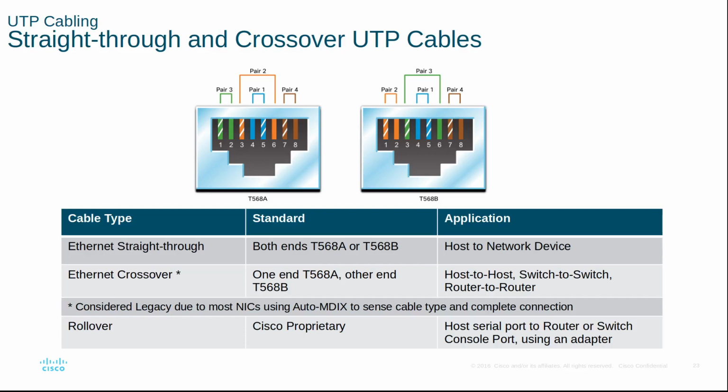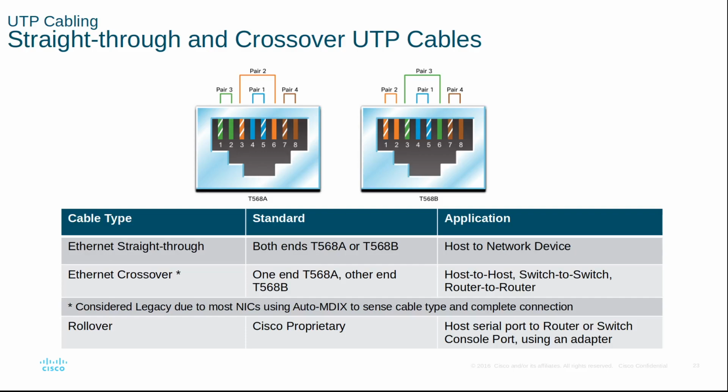We've been using rollover, and we've been using straight through cables too. With the straight through cable, both ends are connected the same way. So they're both wired to T568A or T568B, and they're used to connect hosts to networking equipment, and you can use it to connect switches to switches and routers to routers as well.